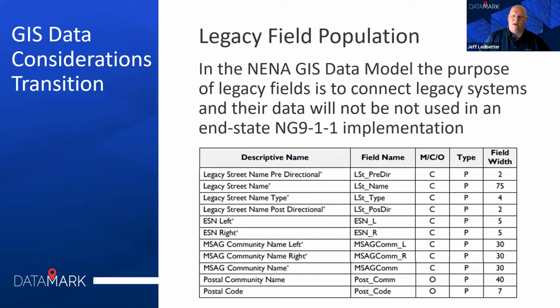These are all fields that are contained in legacy 911 databases. MSAG has them, ALI has them. They're connected. Remember, no data comes into ALI without being valid in the MSAG. And so that's the relationship between those two.